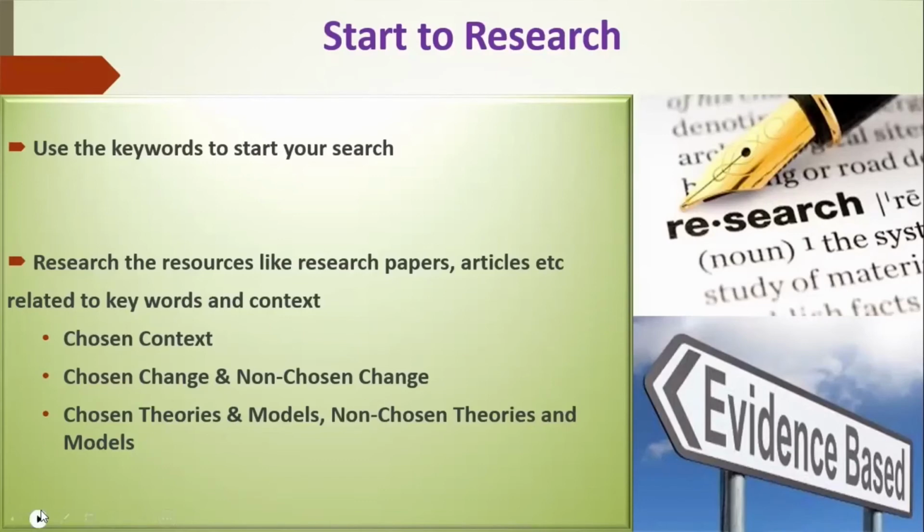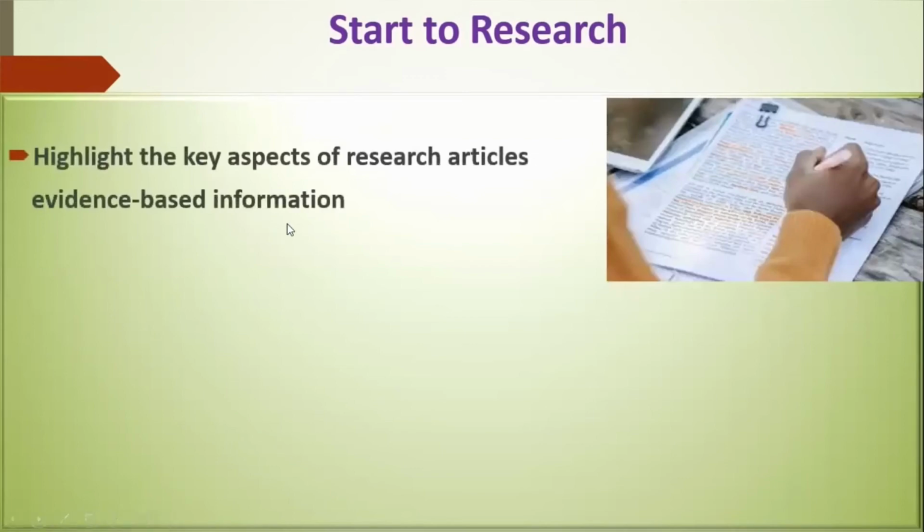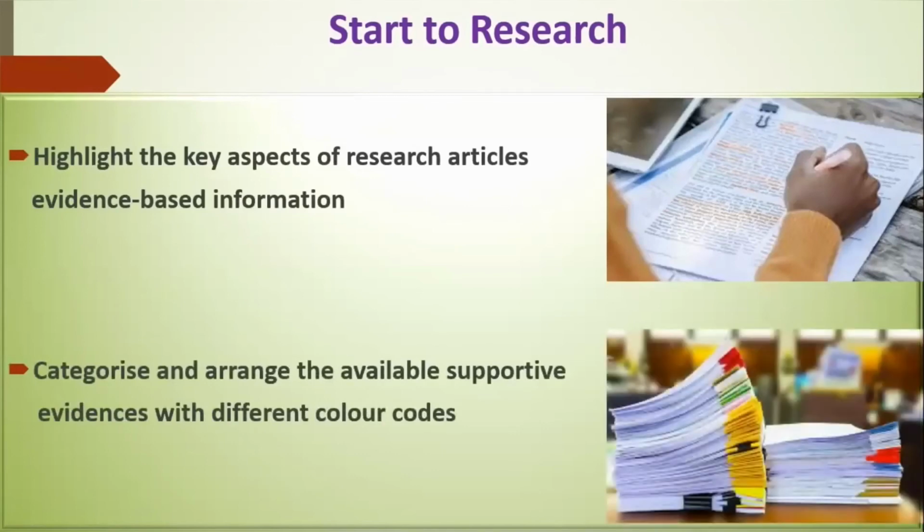The next thing is, when you are doing your research, always after collecting the research article, you are going to read the article and highlight the key aspects based on the evidence, whatever information you are going to collect. Next, categorize and arrange the available supportive evidence with different color codes.